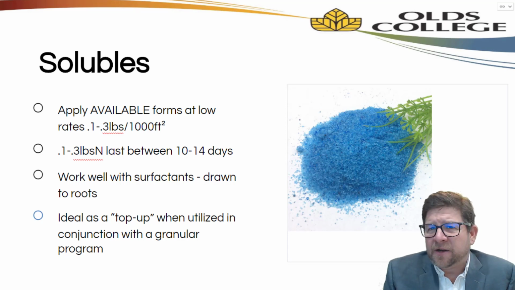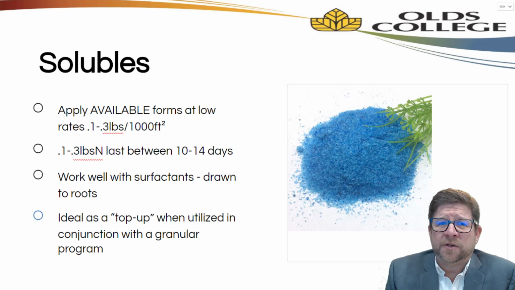They only last about 10 to 14 days. So very low rates, very low chance of leaching and losses. It's immediately available, and it's a good alternative, whether you want to water it in or spread it granularly. Watering it in usually allows a much more even application because the rates are so low.